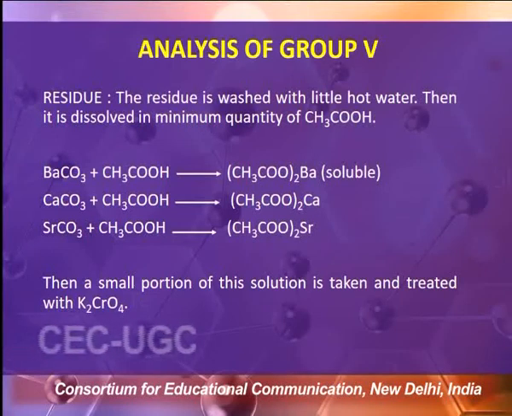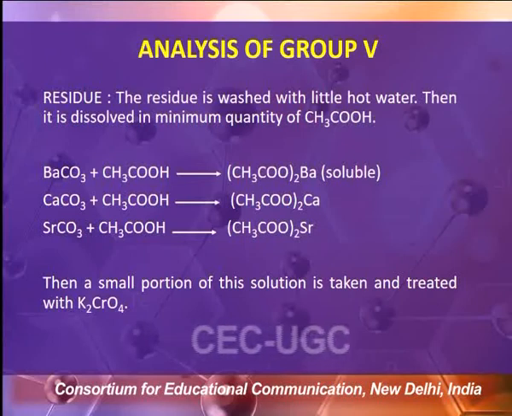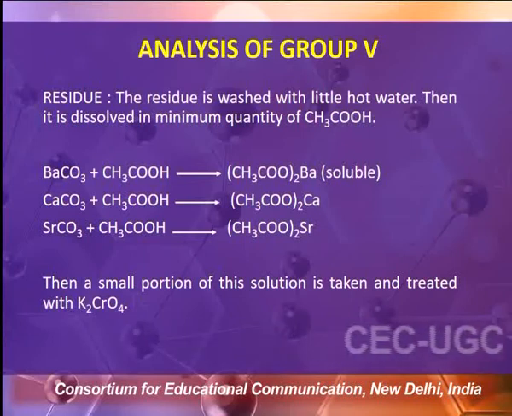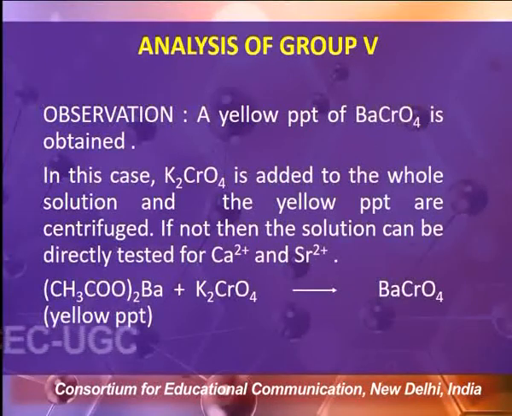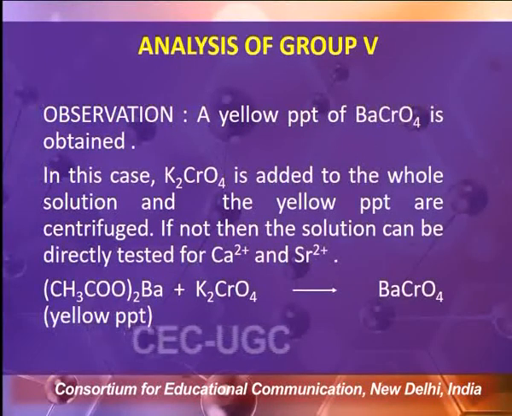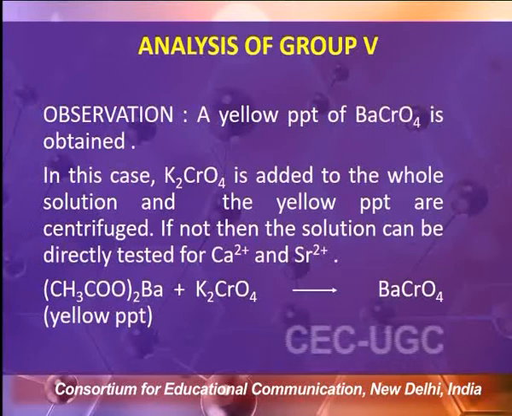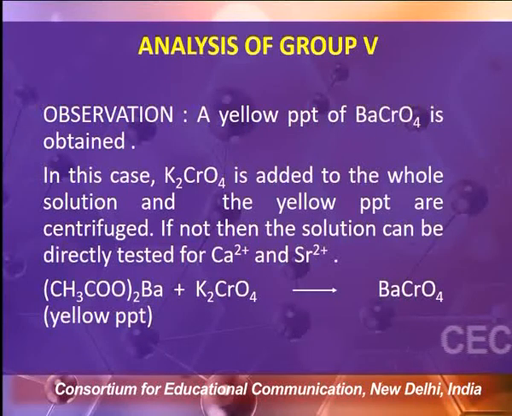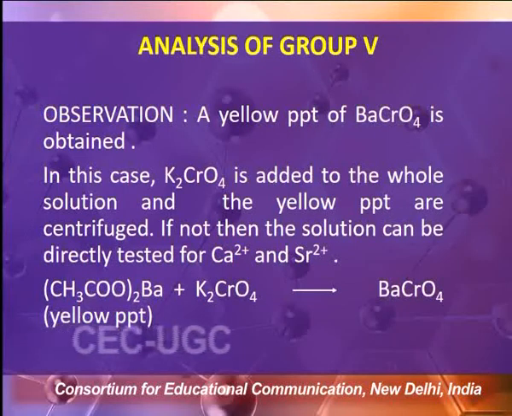After that, a small portion of this solution is taken and treated with potassium chromate solution. If upon addition of potassium chromate solution a yellow precipitate of barium chromate is obtained, then we need to add potassium chromate to the whole solution.